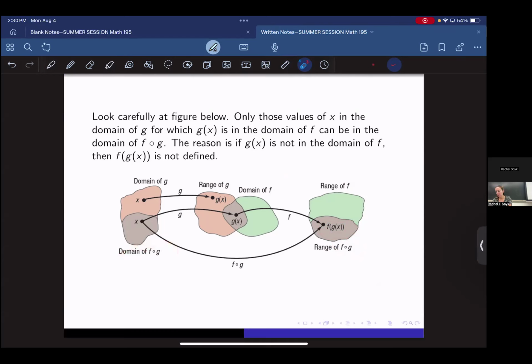And that's what's being represented over here. They also state the reason: if g of x is not in the domain of f, then our whole f of g of x is compromised. It's not defined at all.